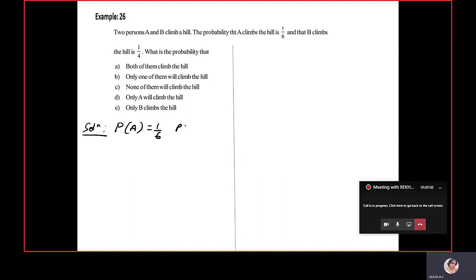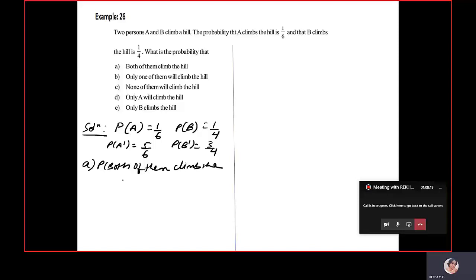And probability of B climbing the hill, I'll consider it as P of B, that is equal to 1/4. So P of A complement is 1 minus 1/6, I'll be getting 5/6. P of B complement is 1 minus 1/4, I'll be getting 3/4.